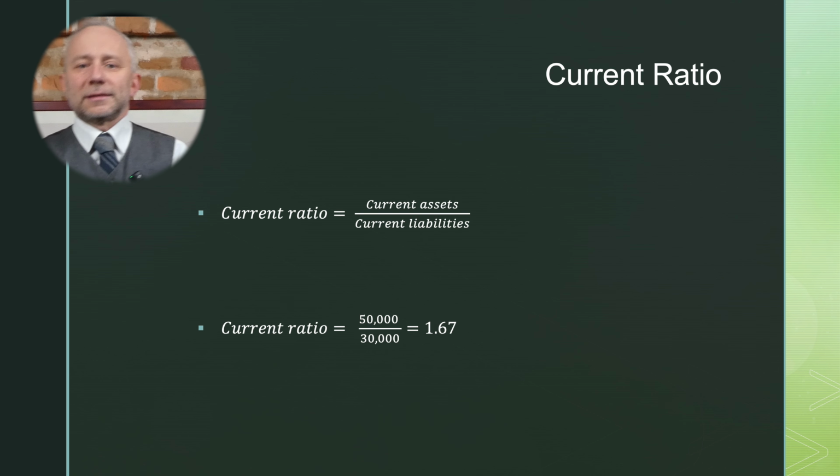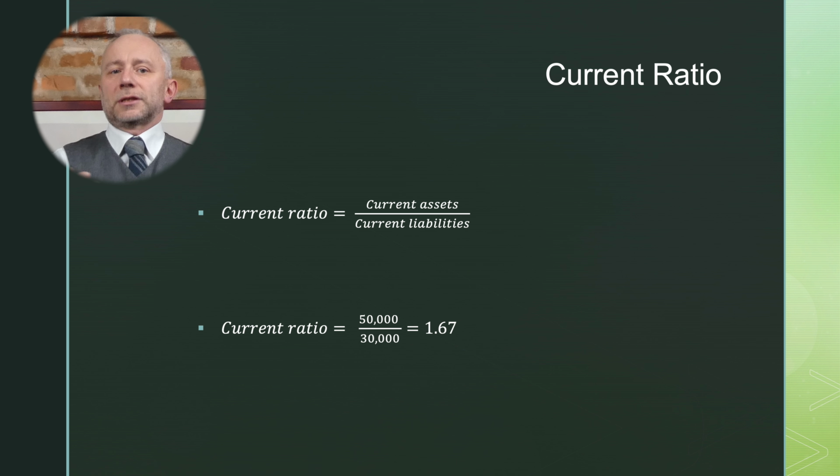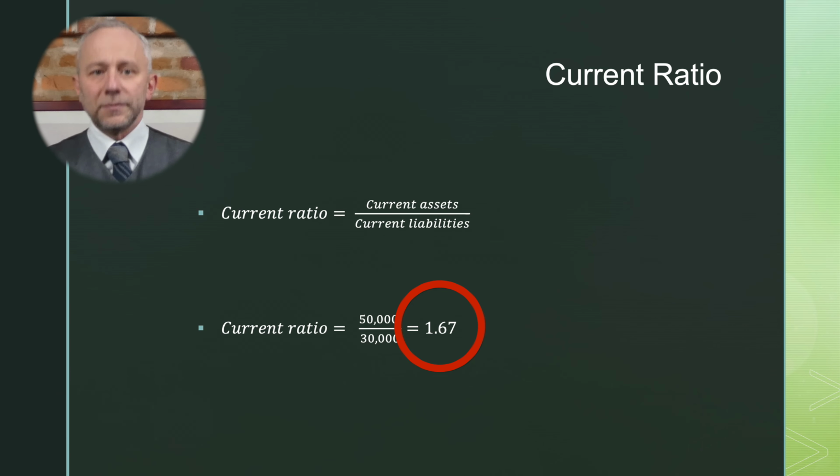If your current assets are $50,000 and your current liabilities are $30,000, then your current ratio is 1.67.